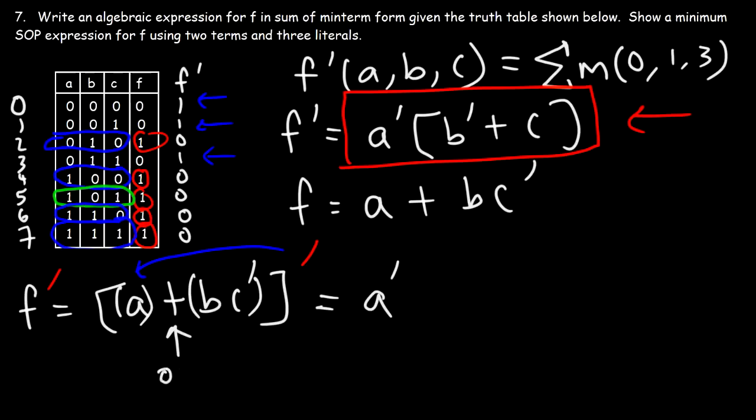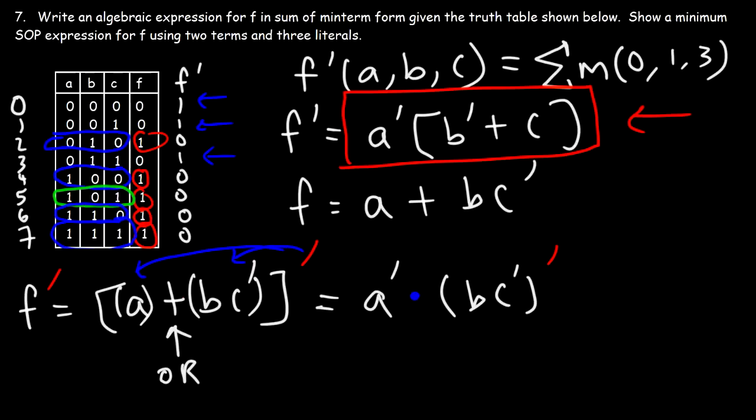The OR operation will now become an AND operation, so let's convert addition to multiplication. And now let's distribute the complementary sign to BC prime. Because we have parentheses around BC prime, and there's two variables there, for now, let's leave it as BC prime with a complementary sign outside of that.